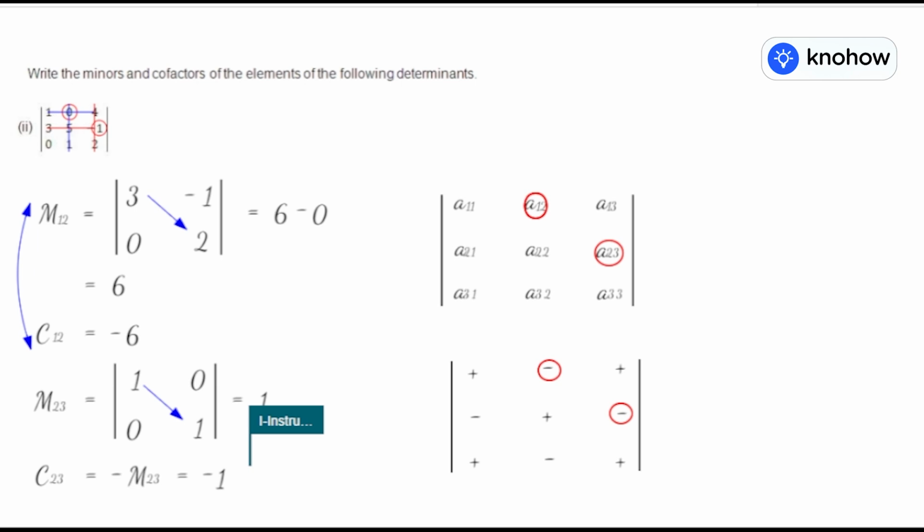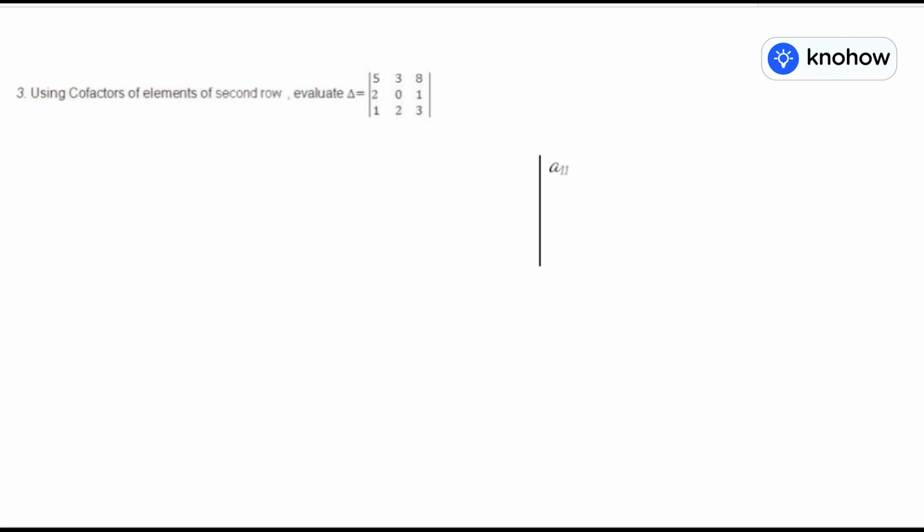Using the cofactors of the elements of second row, evaluate the value of the determinant. Let us write the determinant in general: A11, A12, A13, A21, A22, A23, A31, A32, A33. And the sign convention you already know: plus, minus, plus, minus, plus, minus, plus, minus, plus.